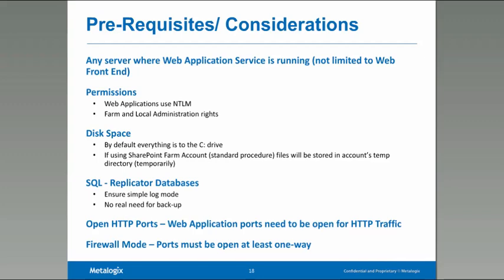In firewalled mode, that means you have to have those ports open at least one way. So Replicator can actually talk through a firewall one way, which is perfect for the intranet, extranet scenario. What ends up happening is one farm does all the work. It both pushes and pulls data through that firewall.